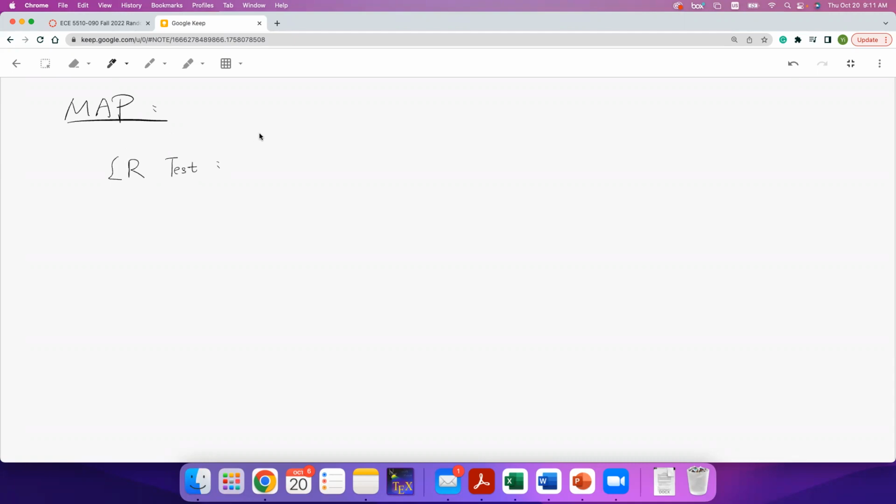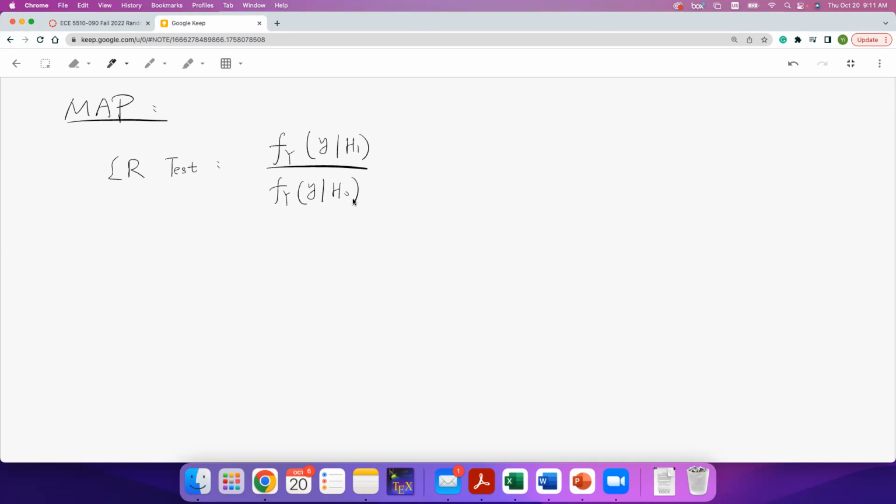The likelihood ratio test is as follows. We look at the likelihood ratio, which is the ratio between the conditional PDF of your observation given your hypothesis. Suppose we are doing binary hypothesis testing.